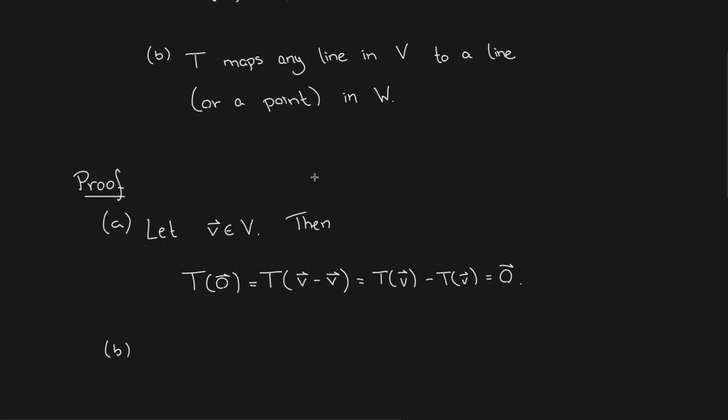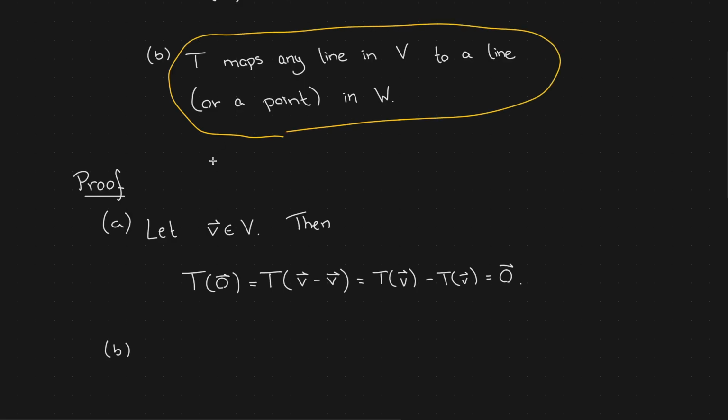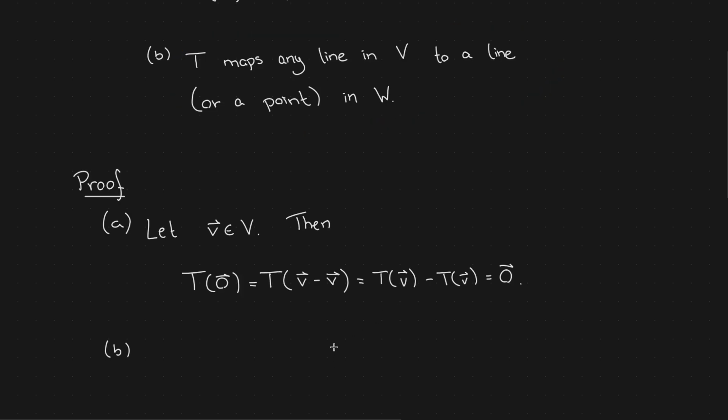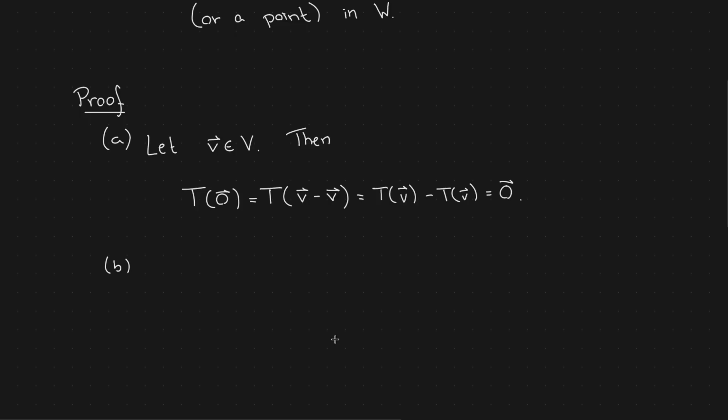So now part B. If T is a linear transformation, then T maps any line in the domain to a line, or in certain situations a point, in the codomain. All right? So first I need a line in the domain.